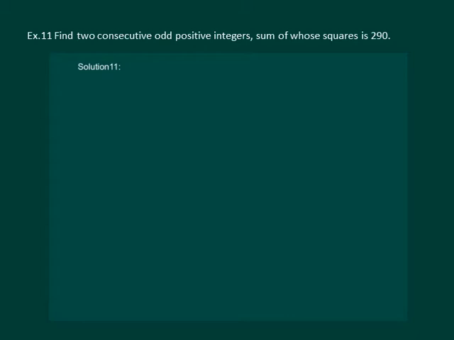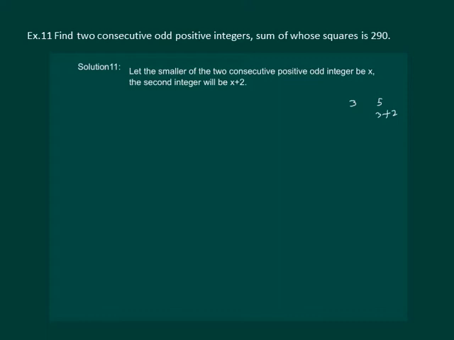Let us read the question. Find two consecutive odd positive integers, sum of whose squares is 290. We know that if one of the odd positive integers is, say, 3, then the consecutive positive odd integer will be 5. That is, 3 plus 2 will give me the next consecutive positive odd integer.